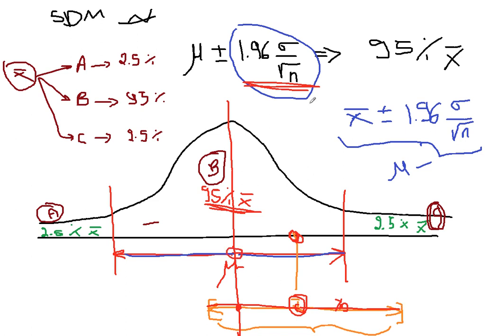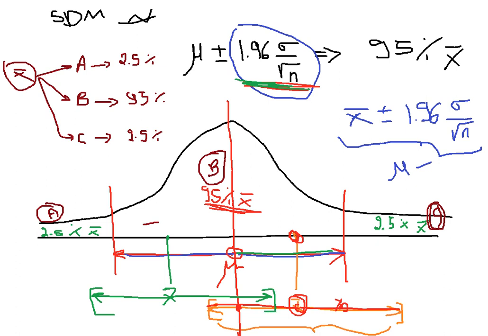Let's do another example. Let's say you pick an X bar, and this time this X bar happens to be, let's say, here. So this is my X bar. And now I'm going to build around it the same fence, the 1.96 sigma over root n. So if I go up this distance and I go down that distance, now I have built this interval.